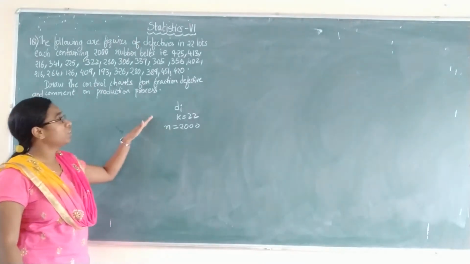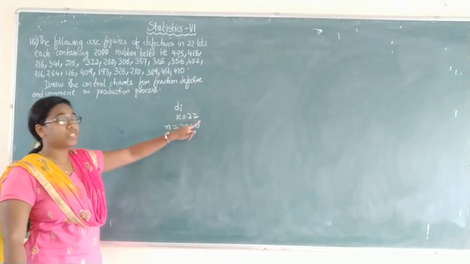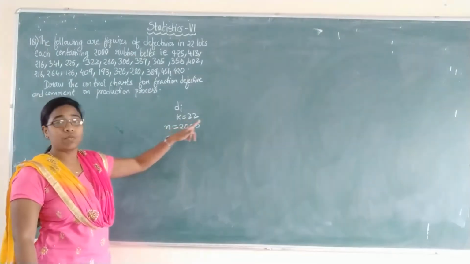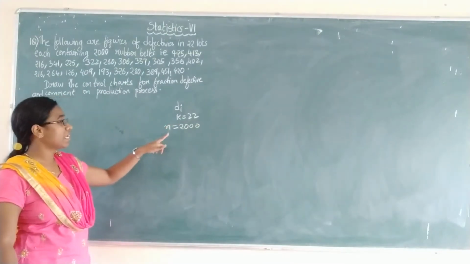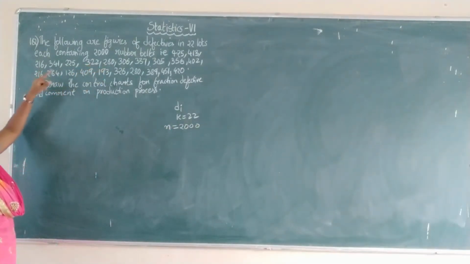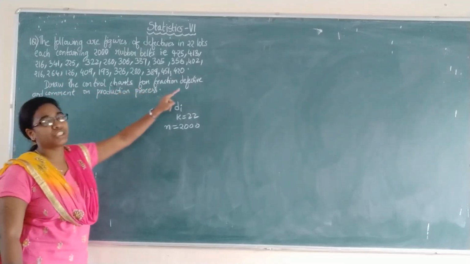So from the question we have the DI values. Sorry, the number of samples K equals 22 and the sample size N equals 2000. These are all the given 22 DI values. For these values we need to draw the control chart for fraction defective.